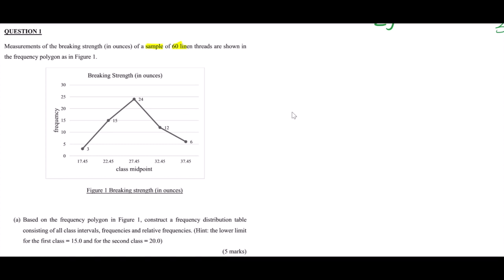Before we start with the frequency distribution table, I would always advise you to write out all the information that you have from the frequency polygon. So from the frequency polygon, we have the midpoint. Okay, so the first midpoint is 17.45.